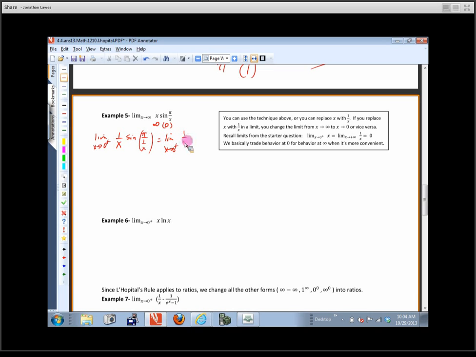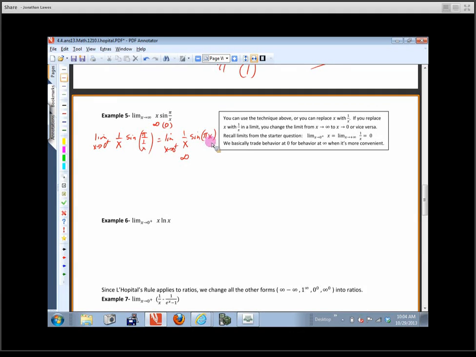I'm going to leave this as 1 over x for just a second, and I'm going to write this as sine of pi x. Everybody okay there? Now, if I'm taking the limit as x goes to 0 from the positive side, this is 1 over a positive number that's getting smaller and smaller and smaller. So what's this overall quantity turning into? Infinity.